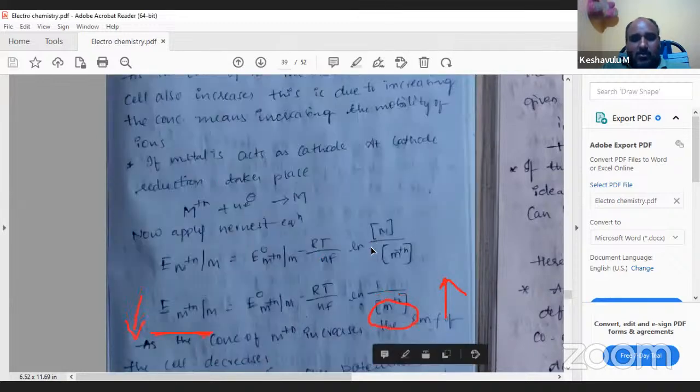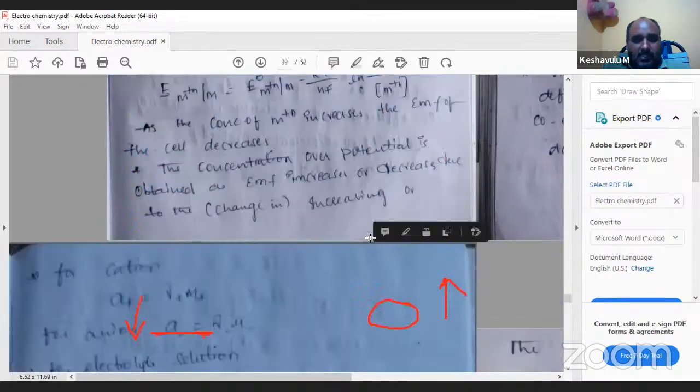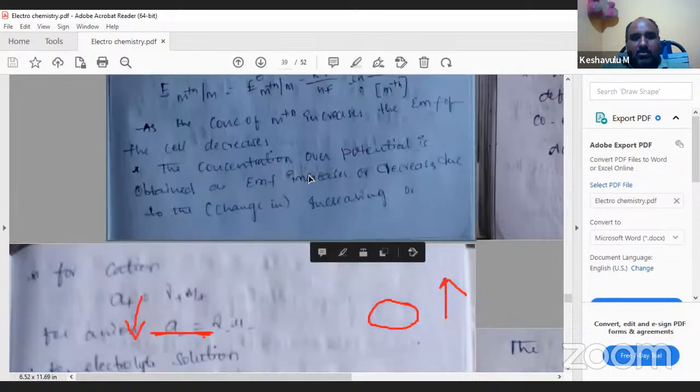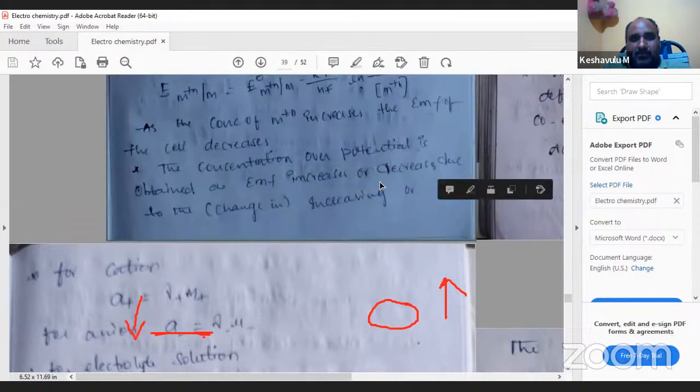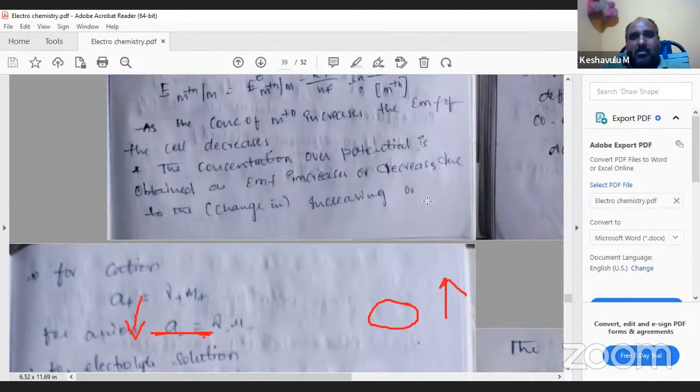What is the conclusion? The concentration overpotential is obtained when the EMF increases or decreases, and that is due to the increase or decrease in the concentration of the metal ion.